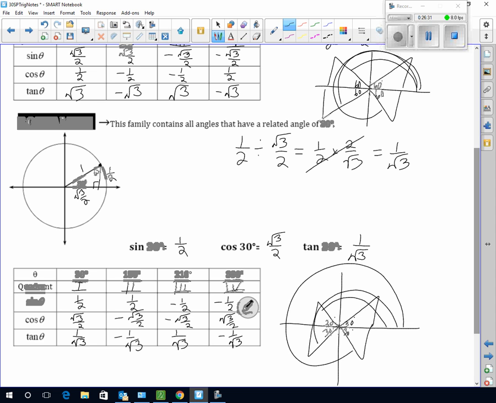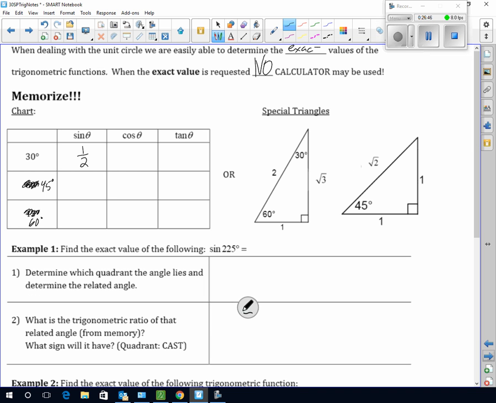And then cos of 60 degrees is the same as sine of 30. Like they switch. The root 3 over 2 becomes the 1/2, and the 1/2 becomes the root 3 over 2. In the cos of 30, it's root 3 over 2, and this is 1/2. The x and the y switch spots, right? Yes?